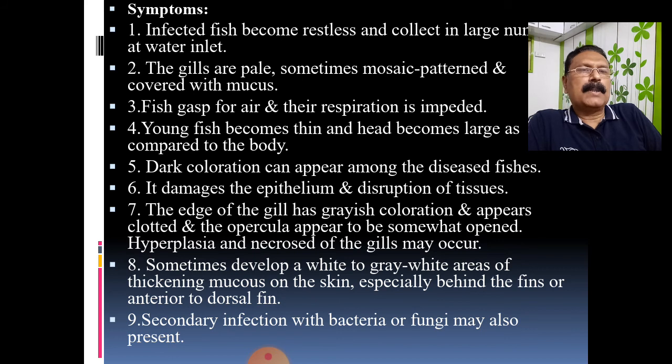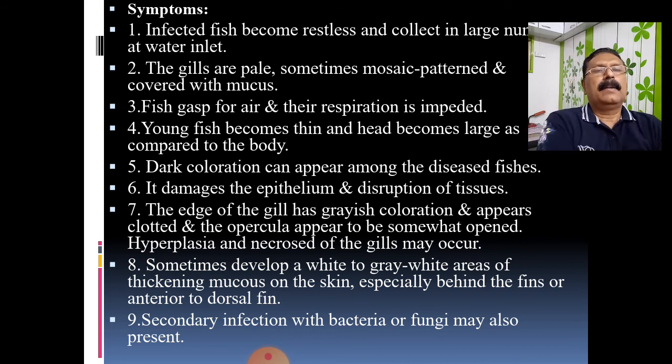In young fishes the head becomes larger compared to the body size, and dark colors can appear at the wounds made by the parasites, damaging the epithelium as well as the tissues. In the case of Dactylogyrus, it affects the gills.